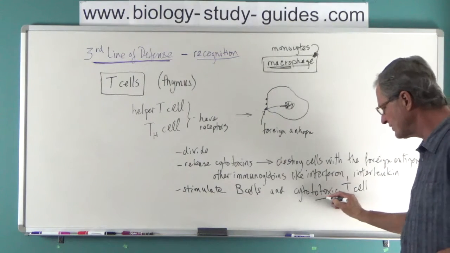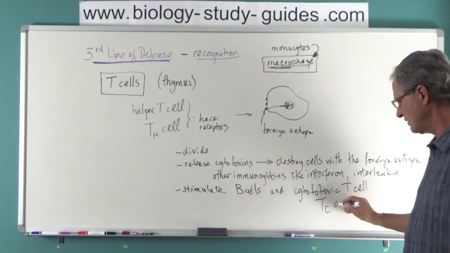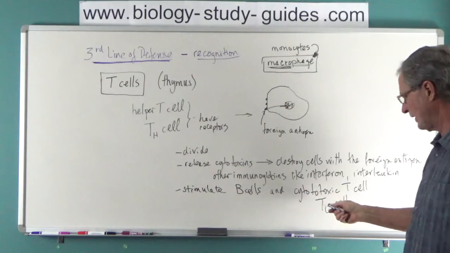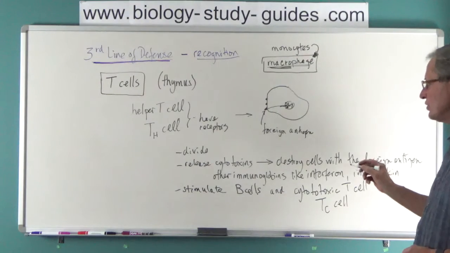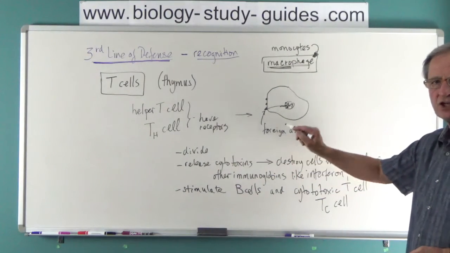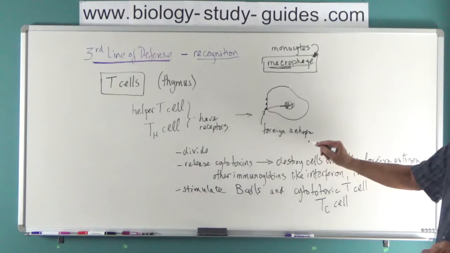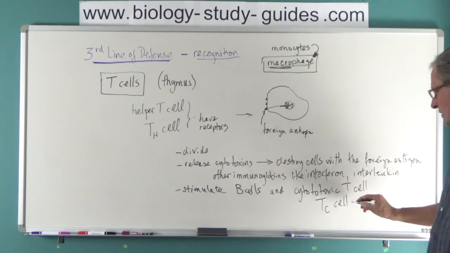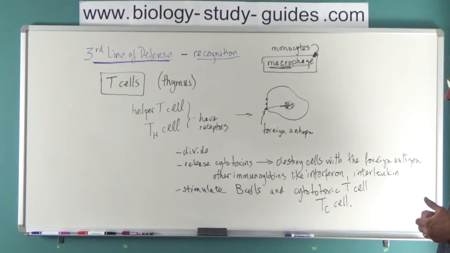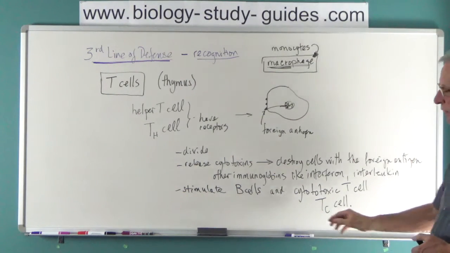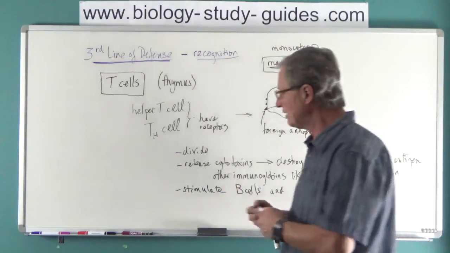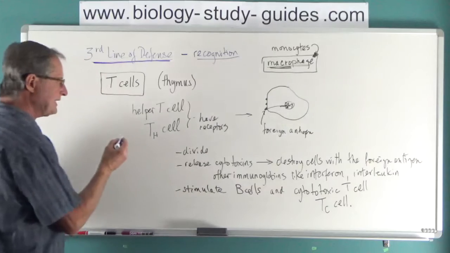Of course, cytotoxic T cell is abbreviated that way, same as helper T cells are abbreviated. Cytotoxic T cells do exactly this. They release cytotoxins and they destroy it as best they can. This type of immune response, where the cells themselves are doing the job, is called cell-mediated immunity.